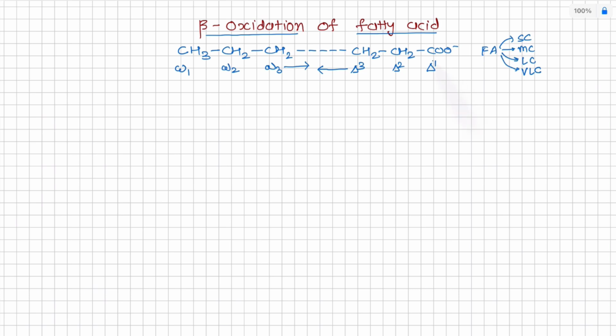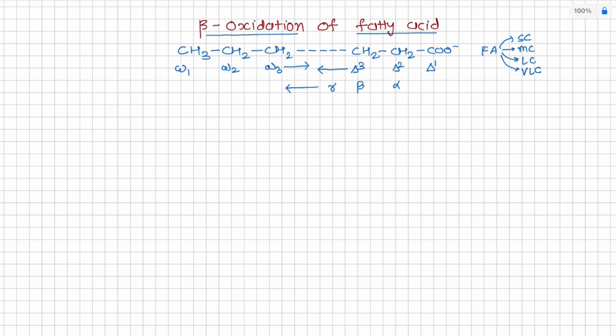In the Greek alphabet system, the carboxyl carbon is not given any identification. The carbon next to the carboxyl group is the alpha carbon. The next carbon becomes the beta carbon, the next becomes the gamma carbon, and the letters increase on this side. So, these three numbering systems are there.